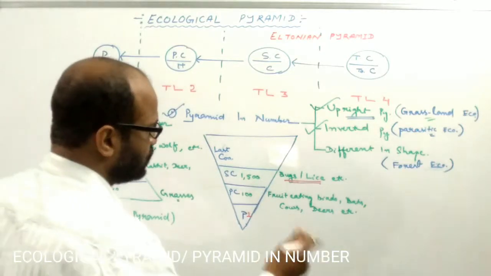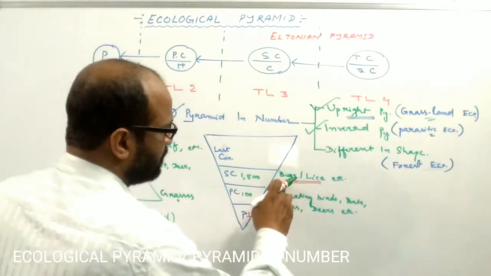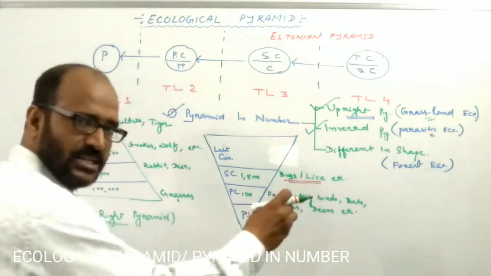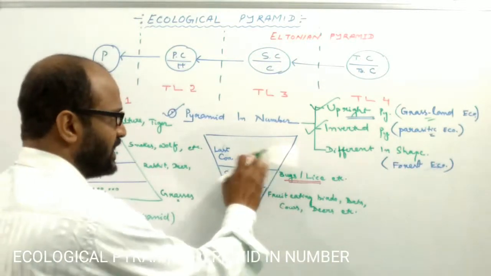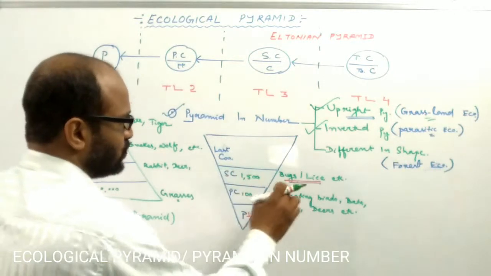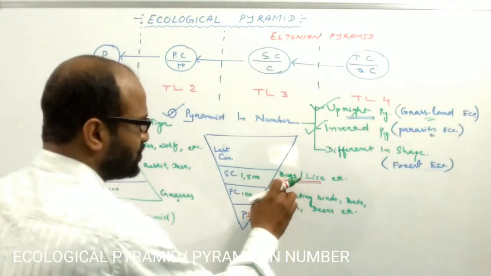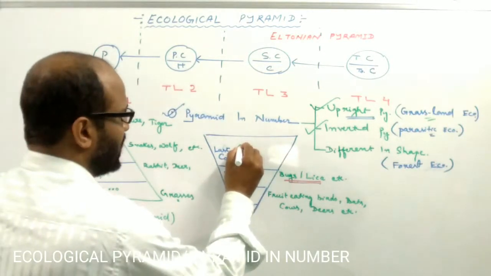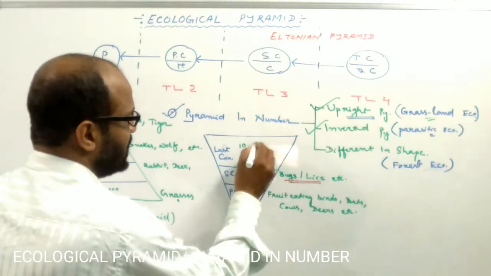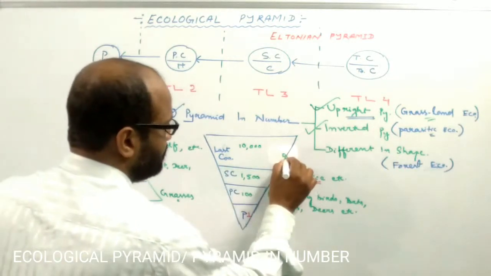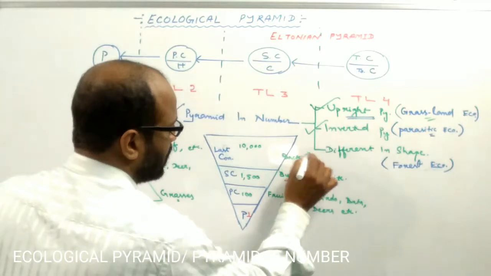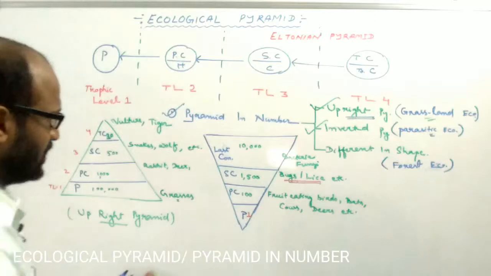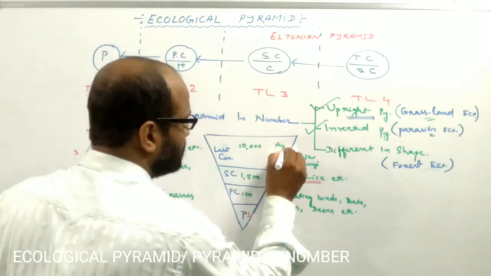Hyperparasite means the parasites which are present on the body of the parasites. So the bug's body and the lice's body itself contain so many bacteria and fungi. So the bug's body and the lice's body support, suppose, 10,000 bacteria or fungi. So these are the hyperparasites.